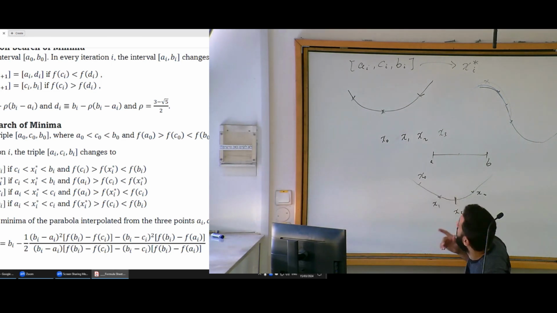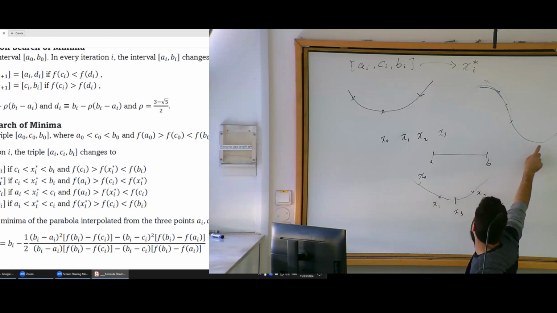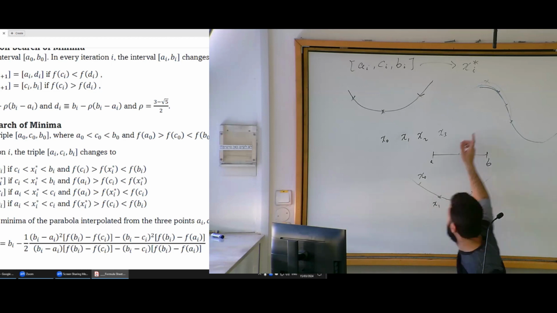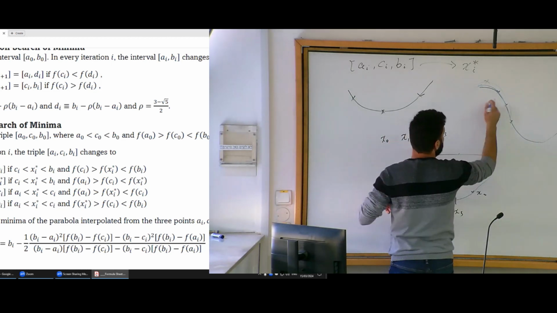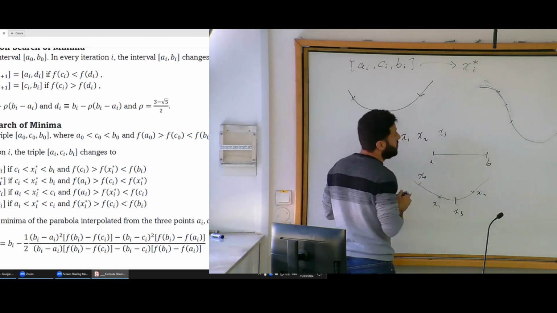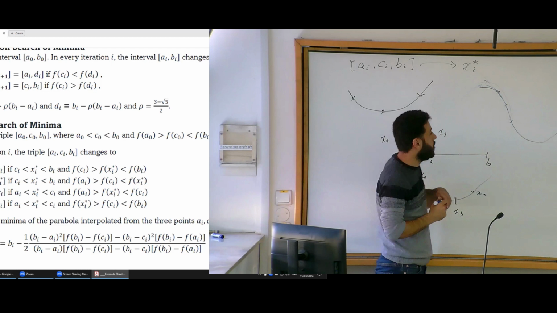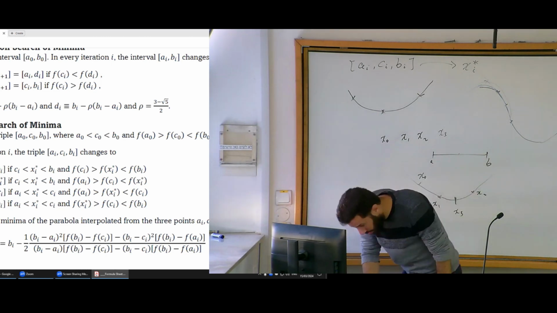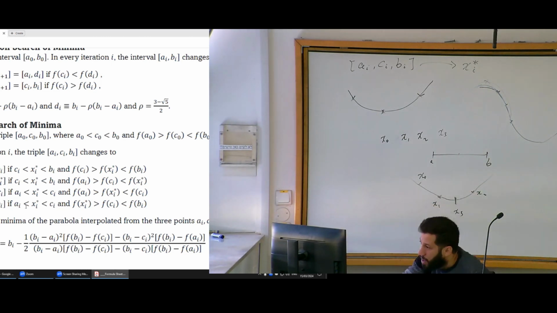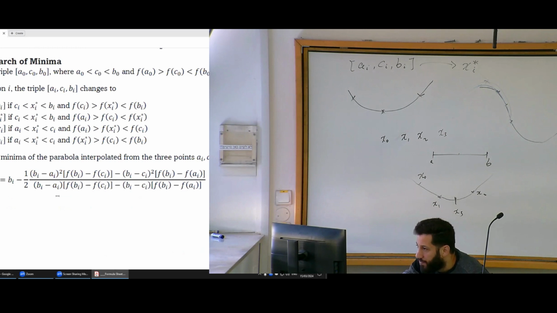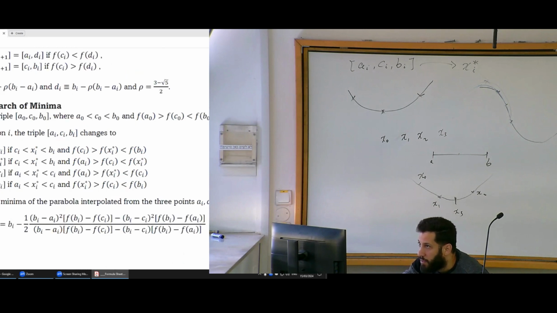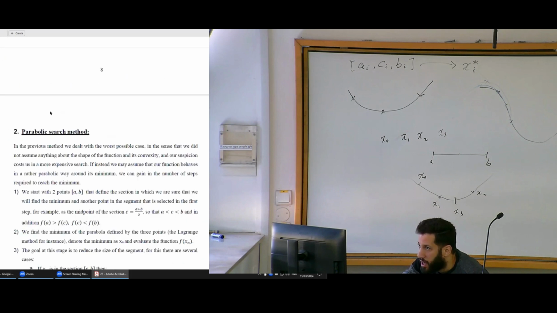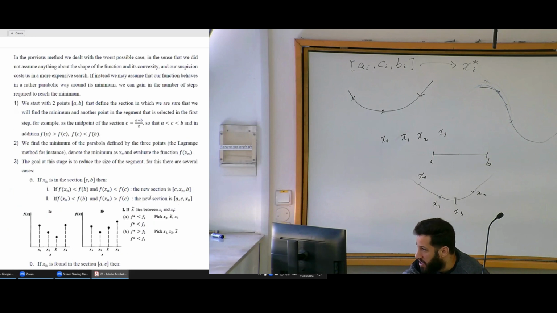And because I run away from the minimum, it might also be that the function goes like this and there is no maximum, so it will not converge. So this way of parabolic interpolation has these 2 disadvantages.